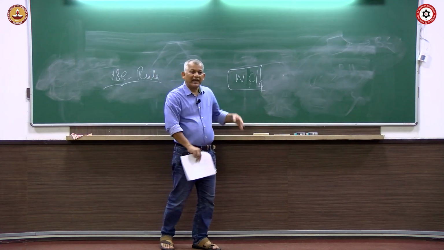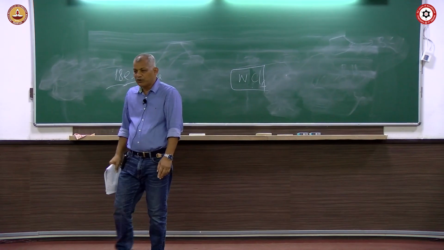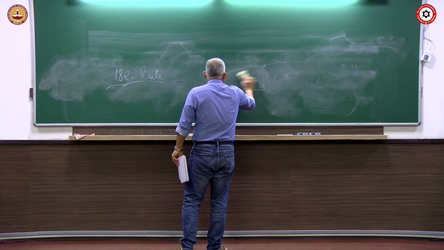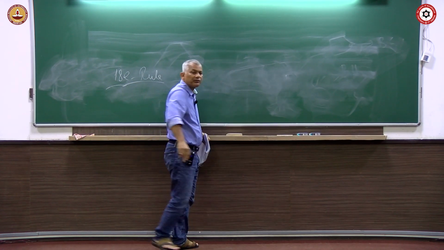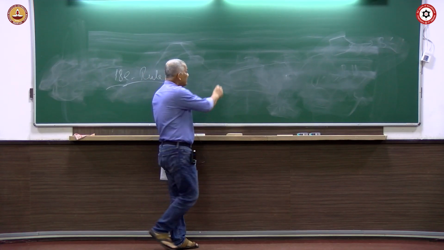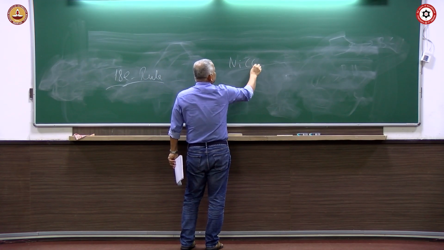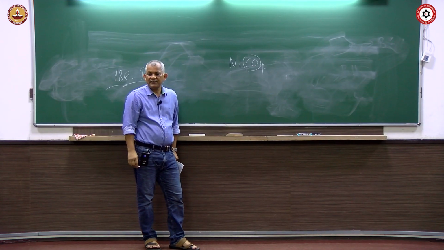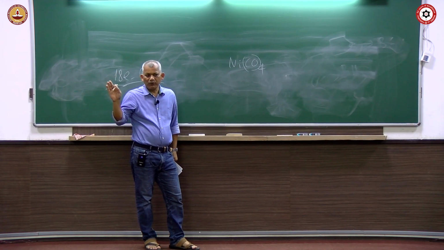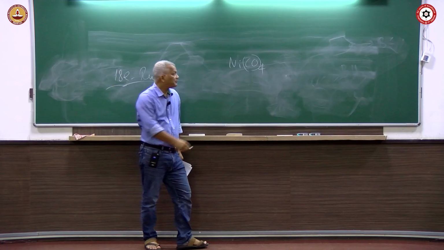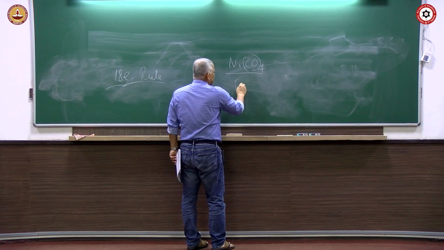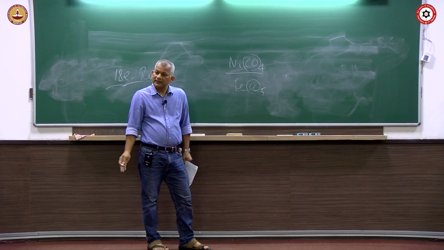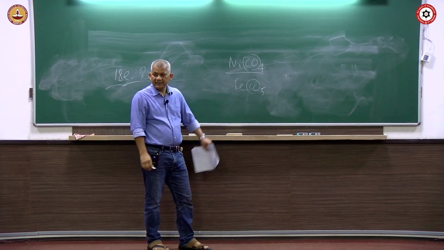Now you name any metal carbonyl that is coming to your mind. Start with, let's say, what are the different metal carbonyls you know? Nickel, very good. What is the electron count? Nickel 10, carbon monoxide 8, 18 electrons. Fe(CO)5, 18 electrons. 8 plus 10.